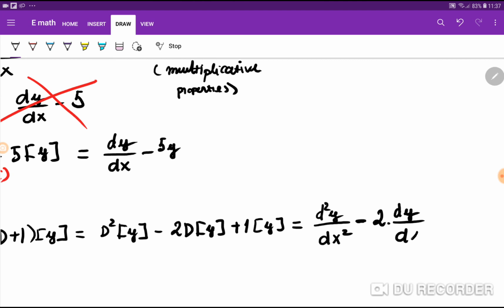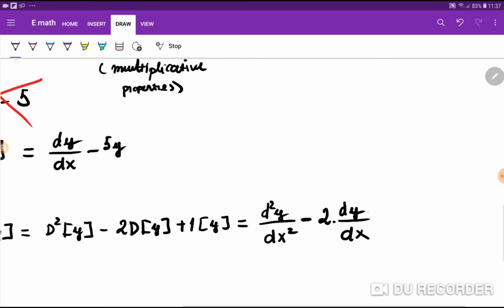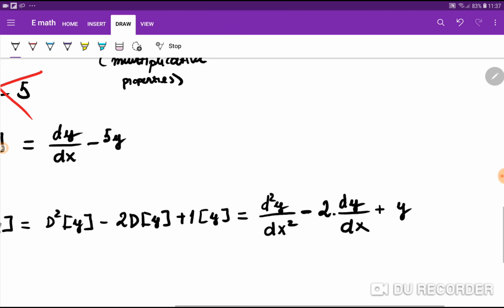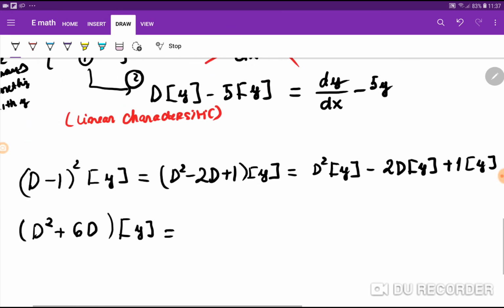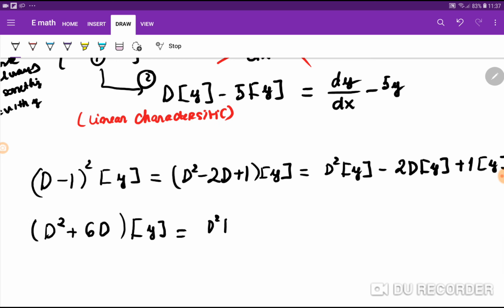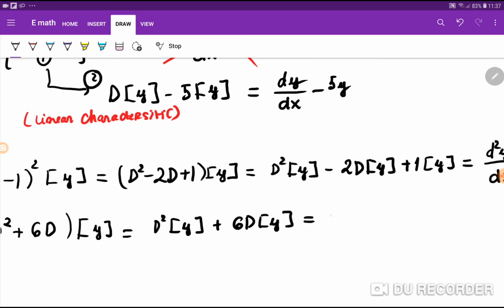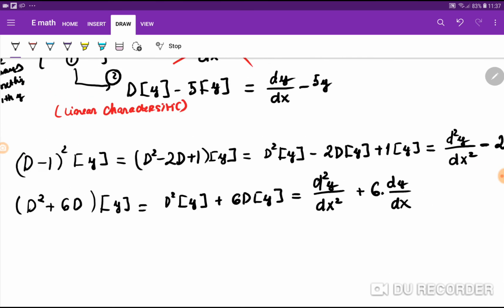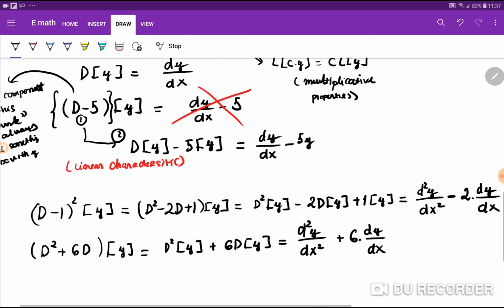When you apply the operator, big D of y is dy over dx, and then you just add y. That's the answer. This one is D squared y plus 6Dy, so you take the derivative of y 2 times plus 6 times dy over dx. So this is the written language of D.